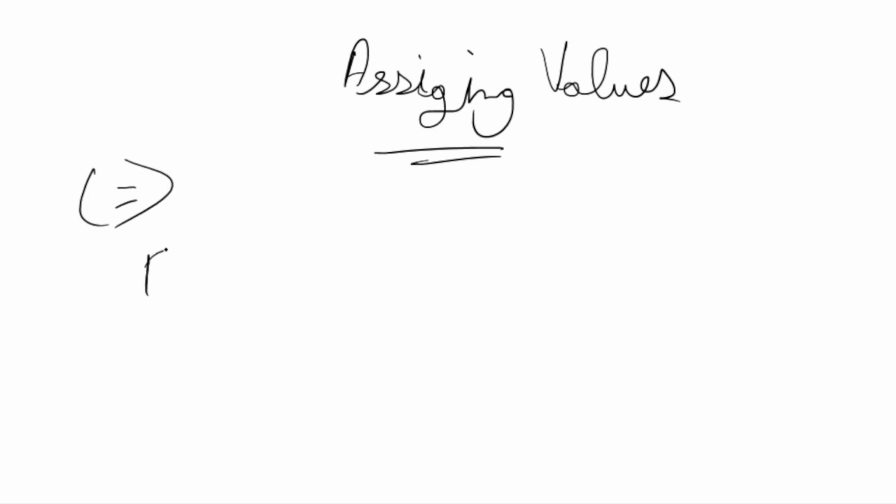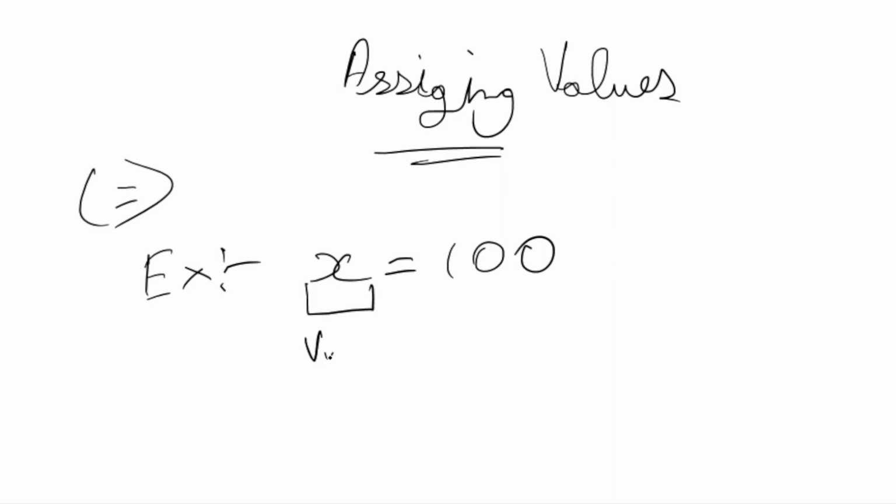For example, how we assign values to a variable: I take x equal to 100. x is your variable, and you are assigning the value 100 to x.